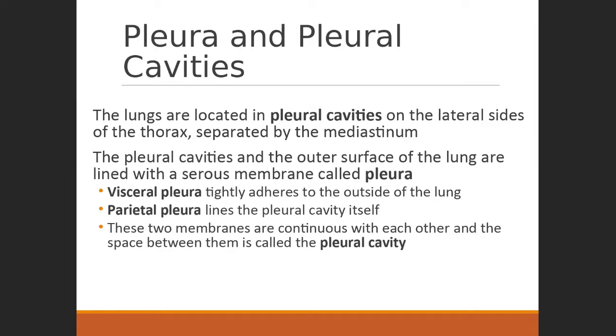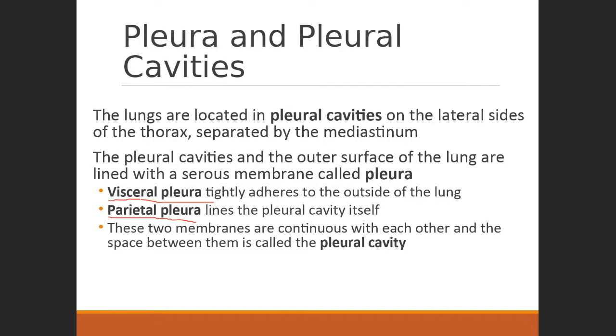You should know by now that a membranous cavity is made up of two membranes, a visceral layer and a parietal layer. Except now that they're associated with the lungs, we call them pleura. So we have a visceral pleura that sits directly on the surface of the lung, and a parietal pleura, which will line the inside of the thoracic cage.